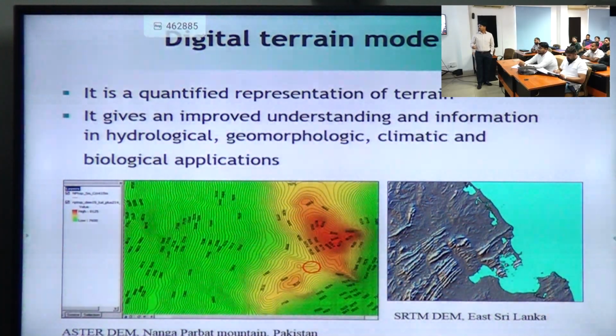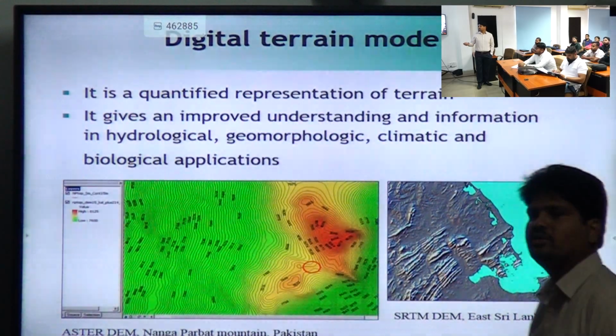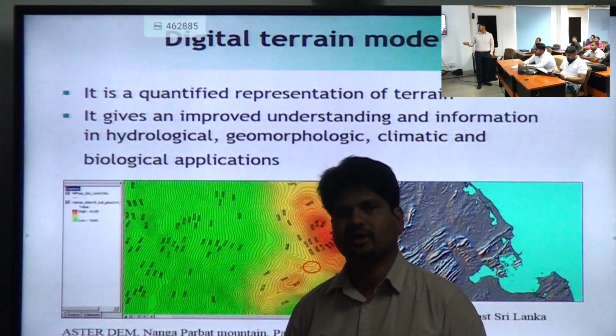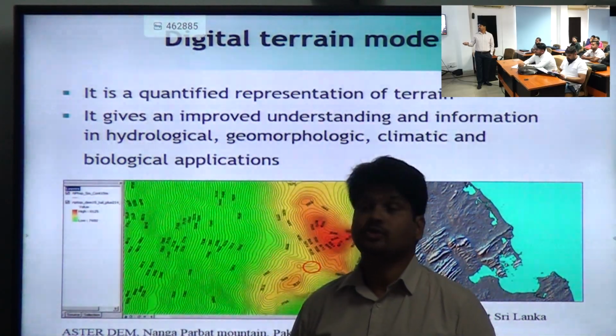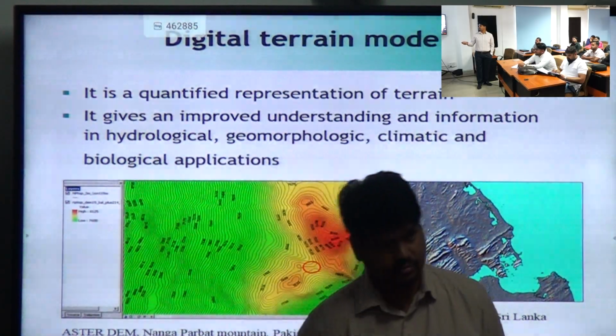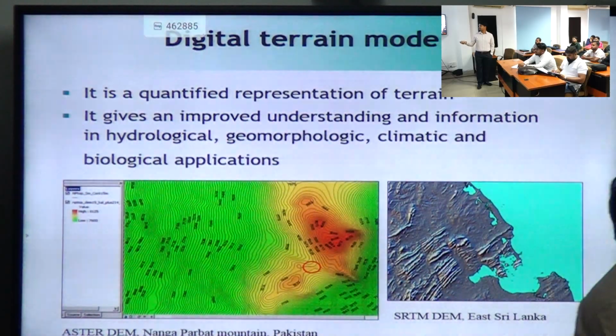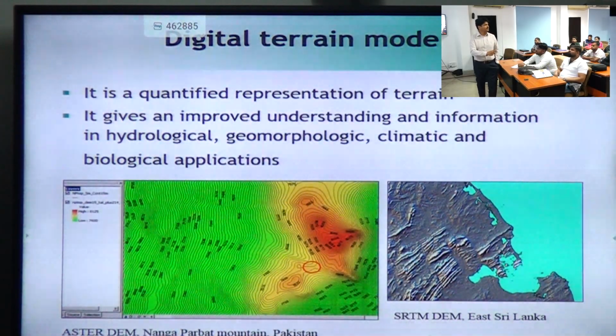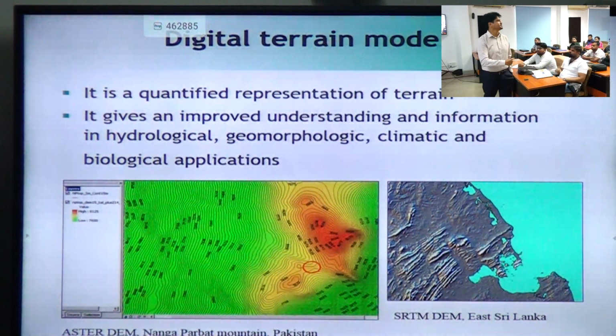You see here, for example, I put a nice example here. See, 1 kilometer, this is what? Squatter areas you can be able to see. Small single family houses also you can be able to see. Small single family houses, you can delineate them individually. If it's a small area, you can do the digitization also.